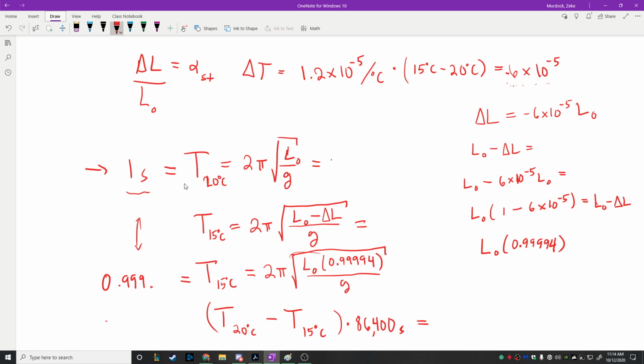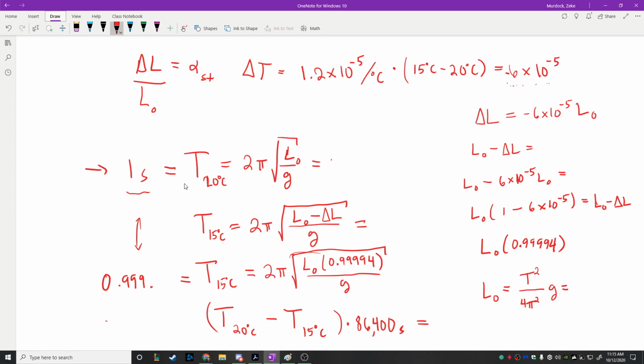When y'all did this problem, did you solve for the length? Yeah, you probably solved for the length, right? Because we can't just do a ratio. Yeah, we have to actually solve for the length, don't we? Okay. So the length is going to be equal to T squared, which is 1 second, divided by 4 pi squared times g, I believe.